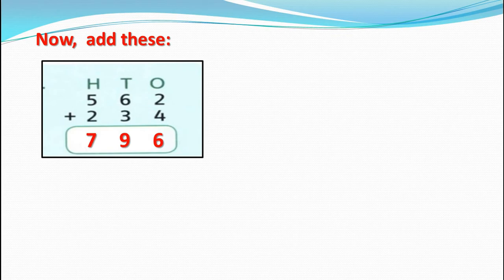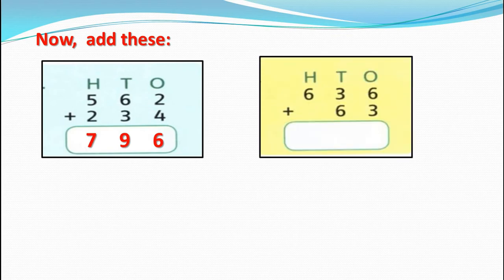Now add this. 6 plus 3 equals 9. Now add tens. 3 plus 6 equals 9. Now add hundreds. There is 6 and nothing to add to it.